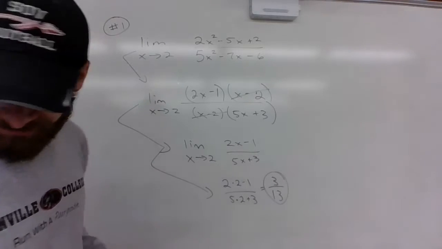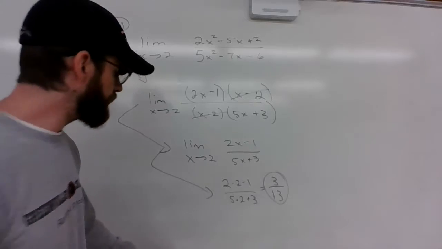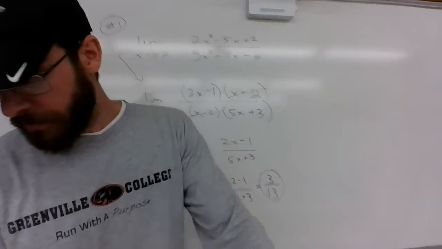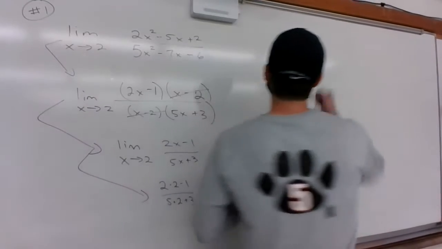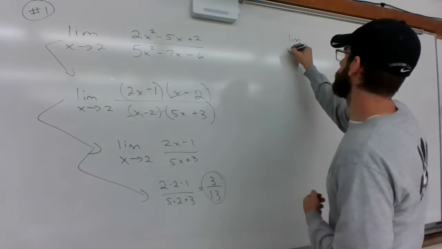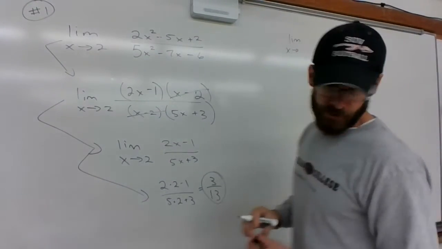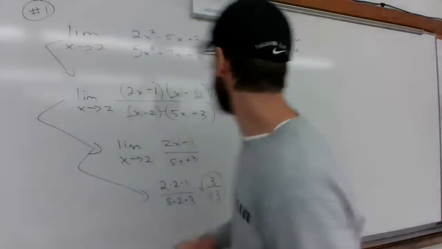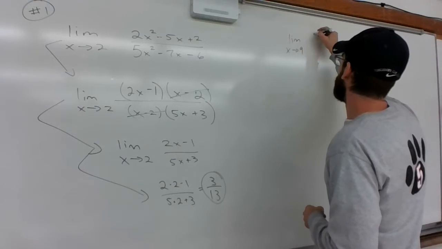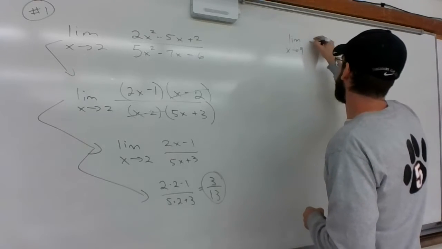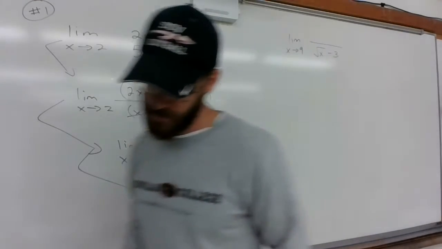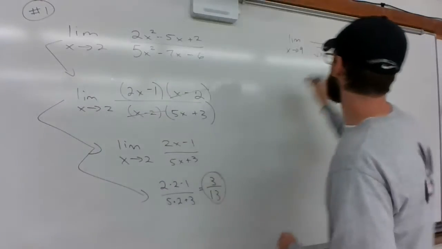All right, so we're talking factoring. How about this one? Let's say you're looking at the limit as x approaches 9 of root x minus 3 under x minus 9.